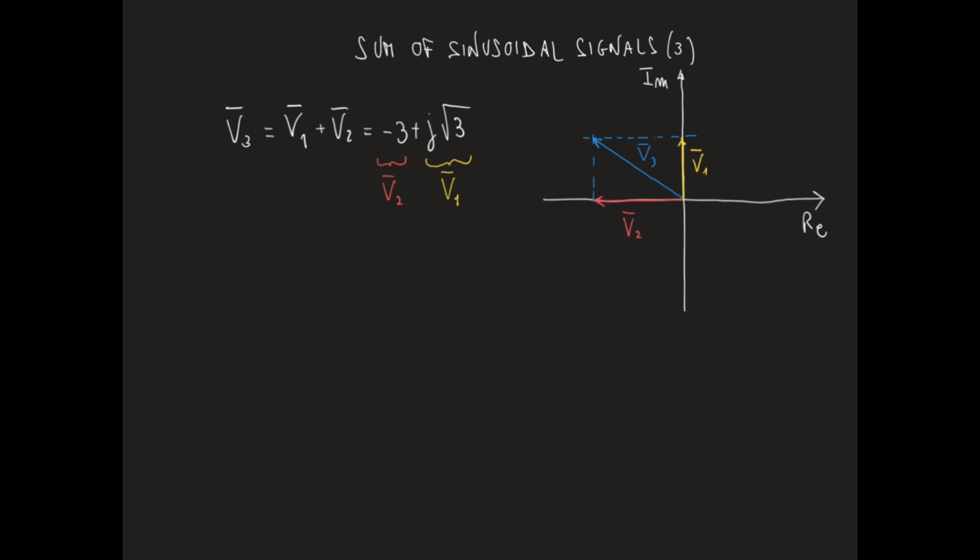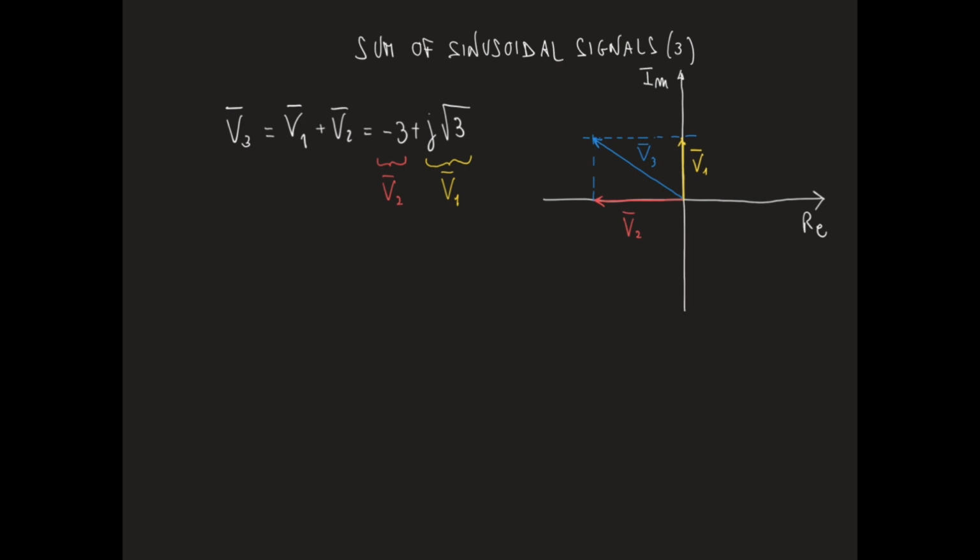Note that the phasor V3 bar is written in rectangular form, with the real part plus j times an imaginary part. We would like to write V3 bar in polar form, as this form makes it easier to transform a phasor back into a sinusoidal signal. Remember that we are trying to find the sum of the two sinusoidal signals V1 of t and V2 of t.